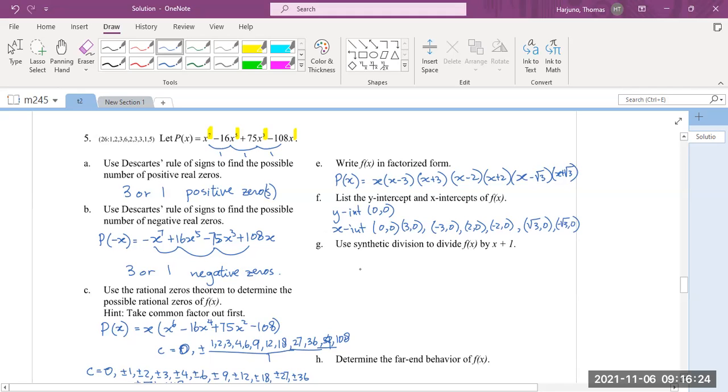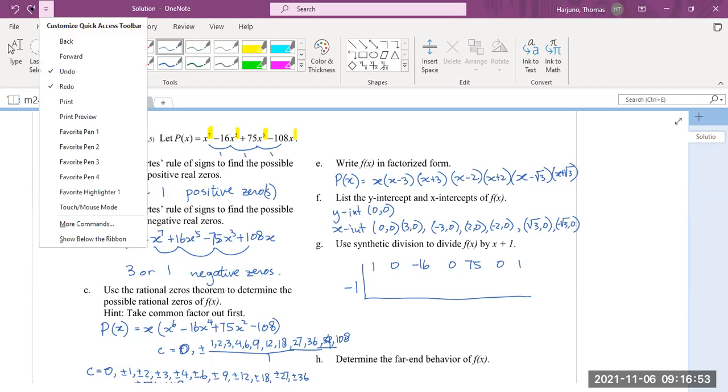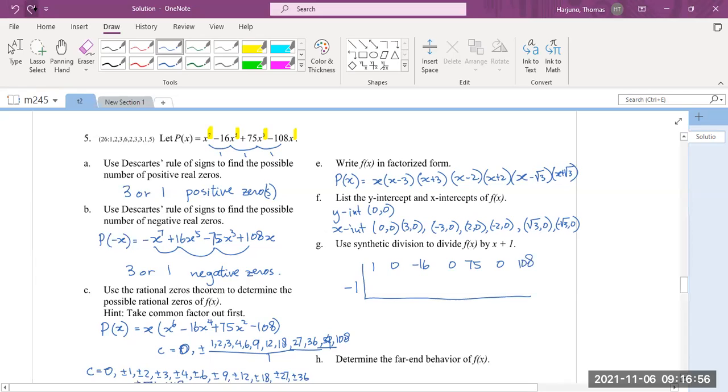Synthetic division: divided by x plus 1 means we use negative 1. Degree of 7, 6, 5, 4, 3, 2, 1, constant. Okay, so don't forget the last 0. Don't forget this one, the last 0.